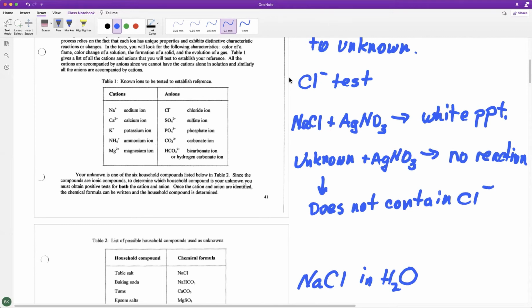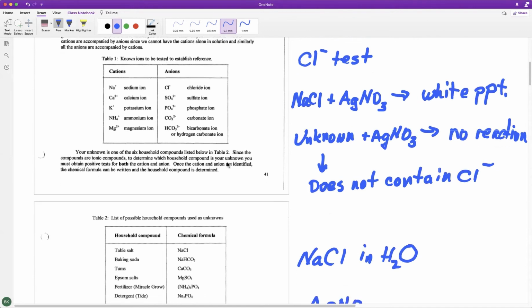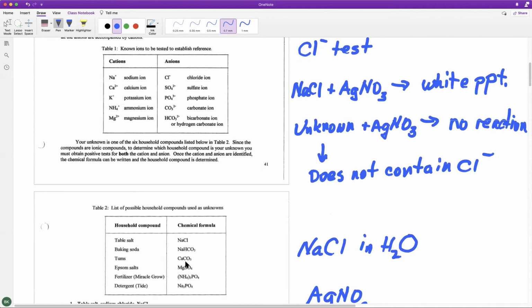So we're comparing known to unknown to specify whether we have these different ions. Like I said, your unknown is going to be one of these. So we're going to be able to rule out all but one anion and all but one cation, and the final compound, the unknown that we have, we can say, okay, that unknown contains this and this, therefore this is the identity of it. It's, say, baking soda, and it has this chemical formula.